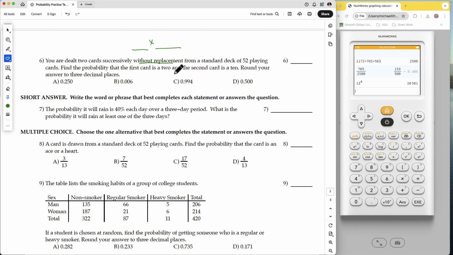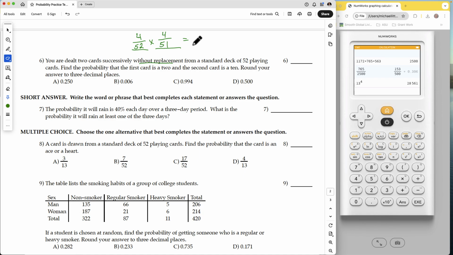Probability the first card is a 2: how many 2s are there? There are 4 2s out of 52 cards. So let's say we got dealt a 2, so there's 1 less card. Now for the second card being a 10, how many 10s are there? There would be 4 10s, out of 51 cards.